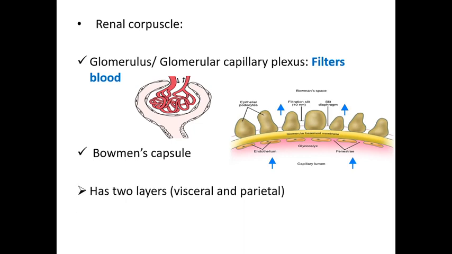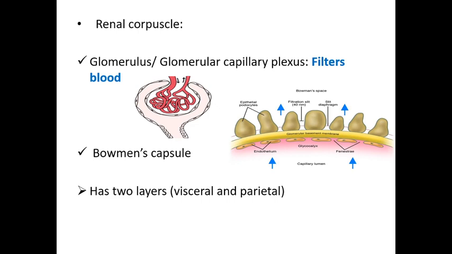And then the Bowman's capsule has got two layers, the parietal layer and the visceral layer. The space in between is called the Bowman's space. So the filtered blood, now through this filtration membrane, the whole blood gets filtered except for two things, the blood cells and the proteins.